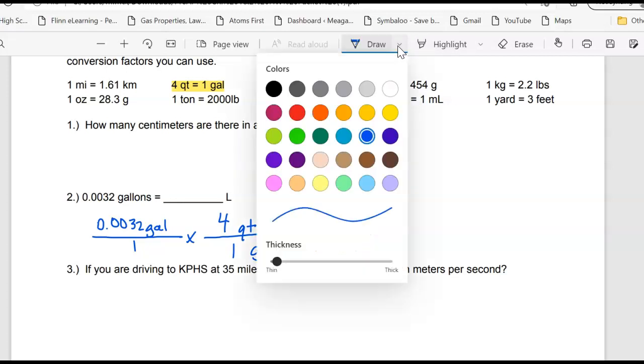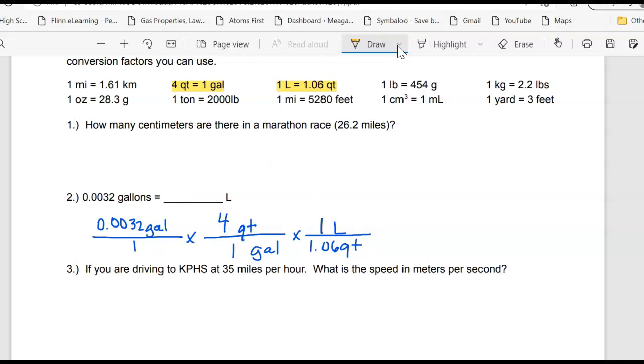Now, one of the things that you can do with dimensional analysis, remember, is that you can cancel out your units. So gallon should cancel gallon. Quart should cancel quart. And you're left with liters, and so that's exactly what you want. So you're going to take everything on top and multiply it together, take everything on bottom and multiply it together, and divide the two.